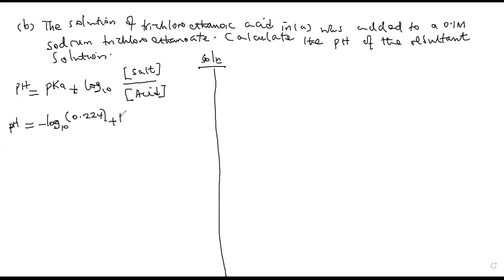So plus logarithm to the base 10 of the concentration of the salt. Our salt concentration has been given as 0.1 molar because we have sodium trichloroethanoate. So we have 0.1 molar out of the concentration of the acid, which you got as 1.0 times 10 to the power negative 5, from our Roman 1.